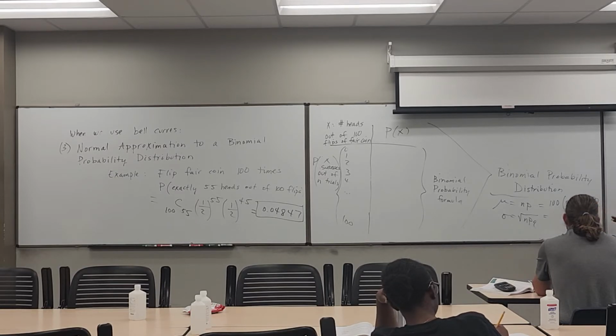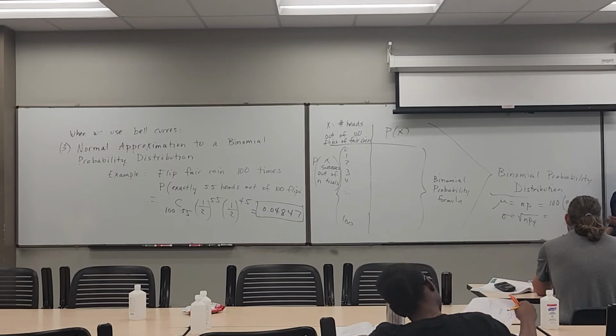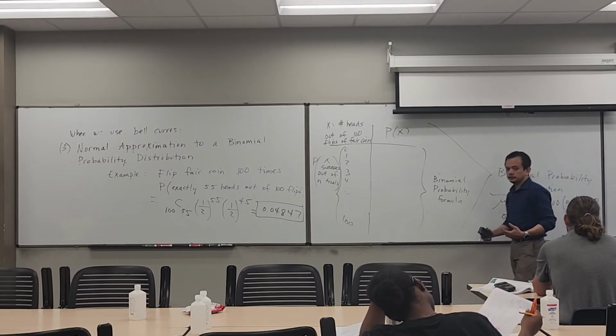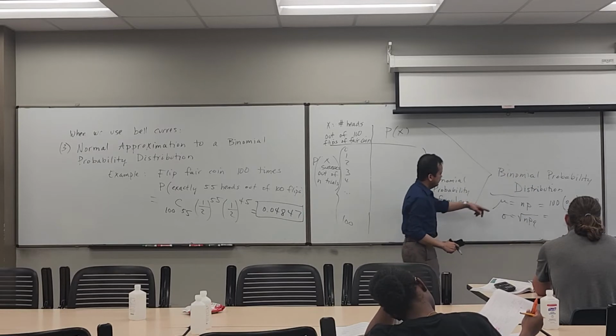This is mathematical, but of course, you can get this answer by common sense. If you have a fair coin and you flip it 100 times, even if it's perfectly fair, you're not going to get 50 heads every time you flip it 100 times. But in the long run, it'll average out to 50 heads for the 100 flips. So this is the mean.